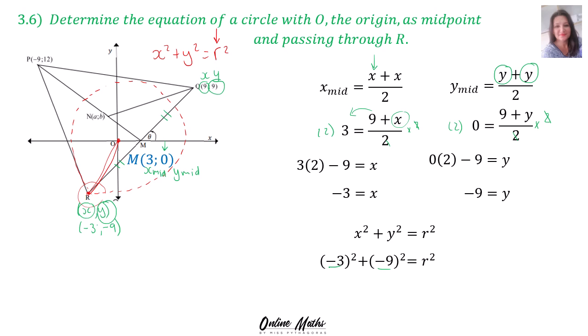Then we can say -3 squared is +9, -9 squared is +81, add them, r squared is 90. And then here, don't take the square root. We are so used to taking the square root when there's r squared. That's not what we want. We want r squared, since the formula on top there has r squared in it. So therefore, our answer, the equation of the circle, is x squared plus y squared is equal to 90. This 90 is r squared.